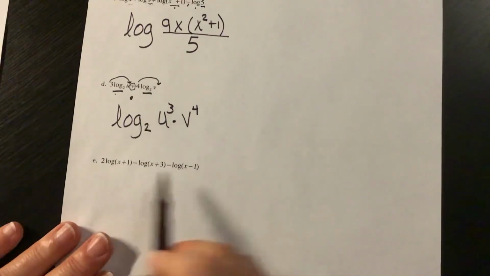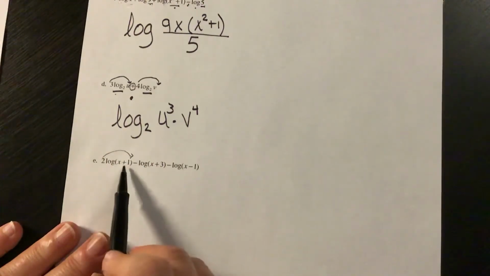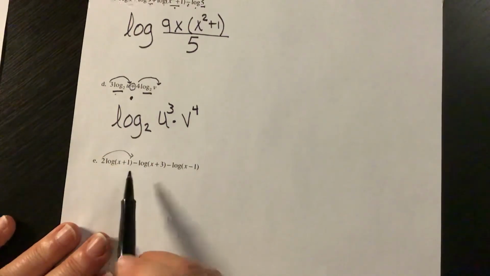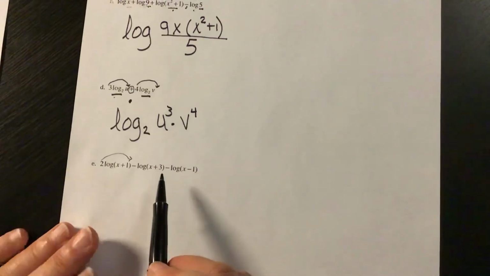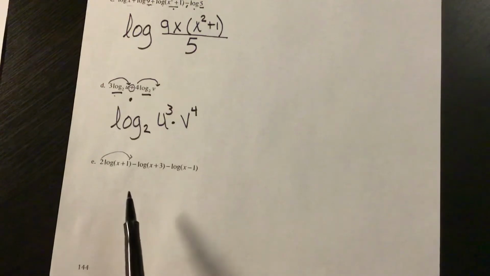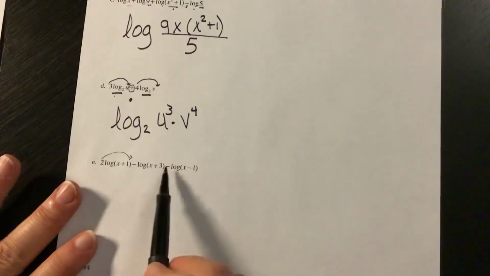And one more time, here this 2 is going to go as an exponent to x plus 1. I have a subtraction and a subtraction. Now I can work this a couple ways. I can factor out the negative term here.